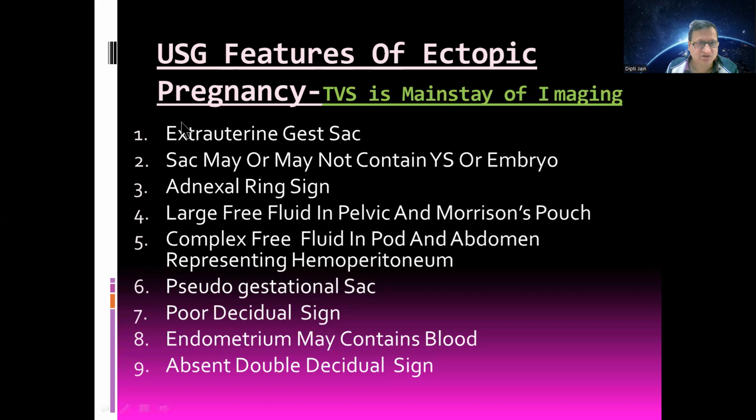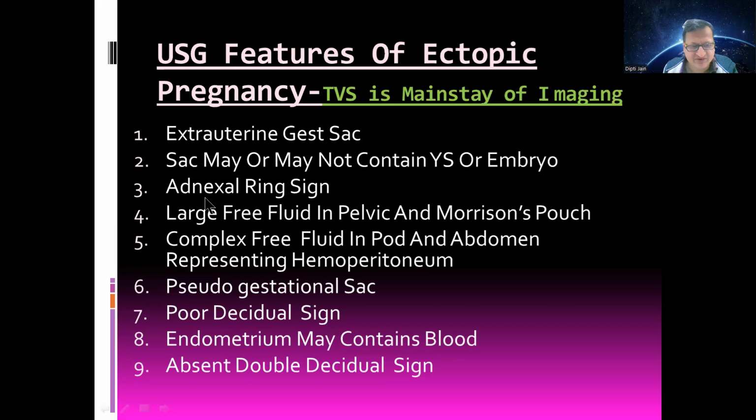What are the USG features of ectopic pregnancy? Remember TVS is the mainstay of imaging. What are the features? An extrauterine gestational sac. The sac may or may not contain a yolk sac or embryo.